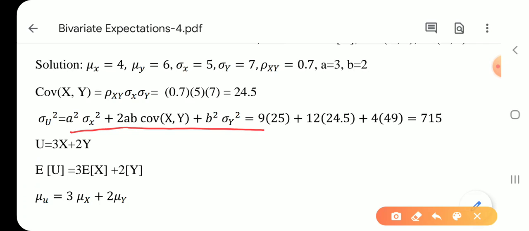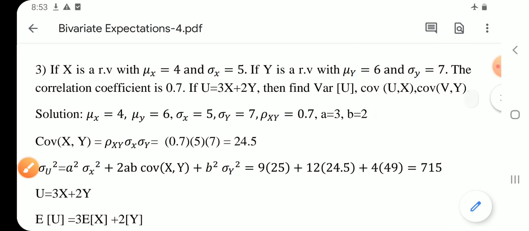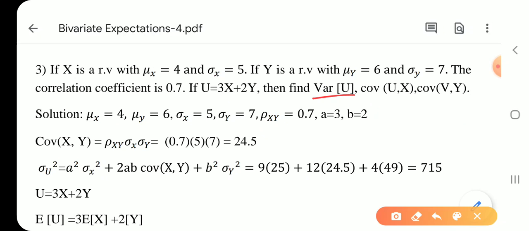So, a square is 9, sigma x square is 5 square, 25, so 9 into 25 plus 2ab, a into b is 6, 6 twos are 12, covariance we have just found to be 24.5, b square is the square of 2, it is 4, and sigma y square is 7 square, 49. If we simplify, we get the value as 715. So, we have found the value of variance of u.